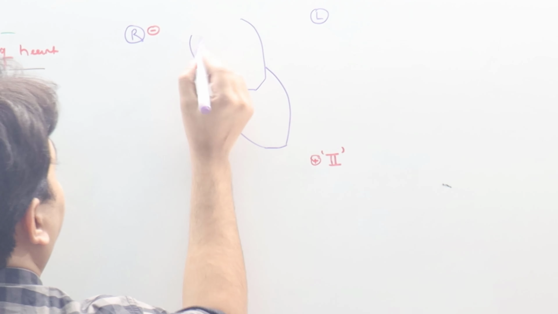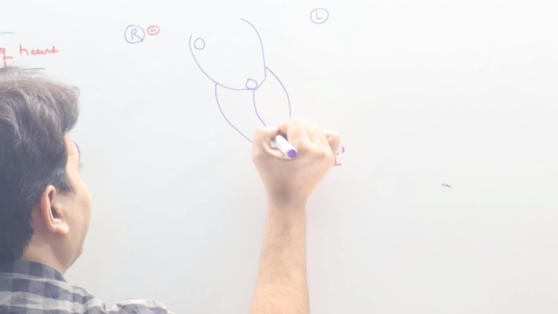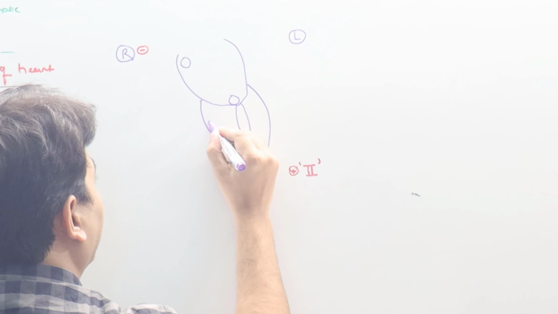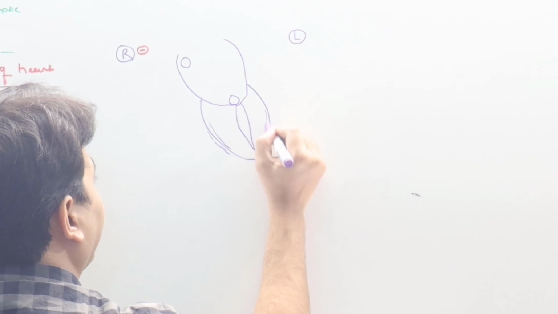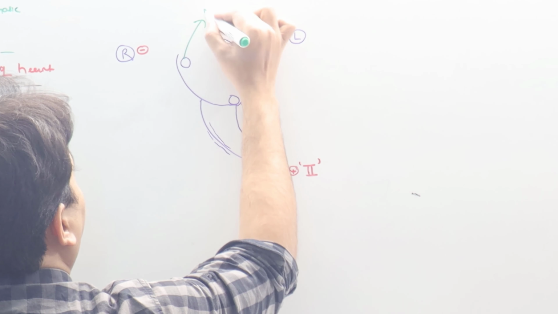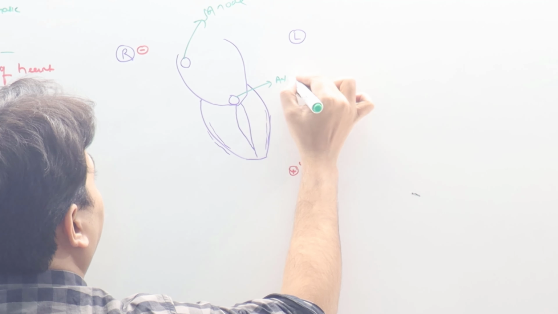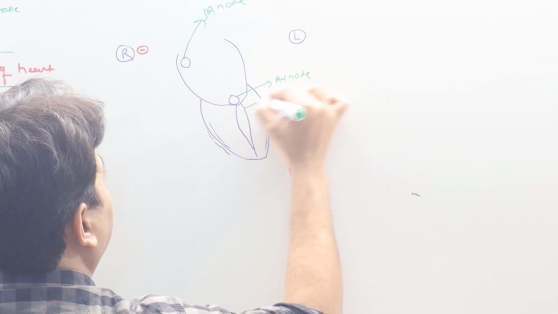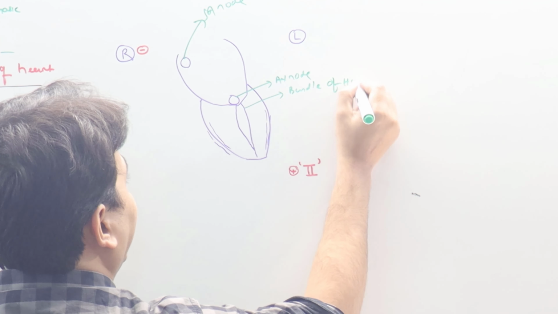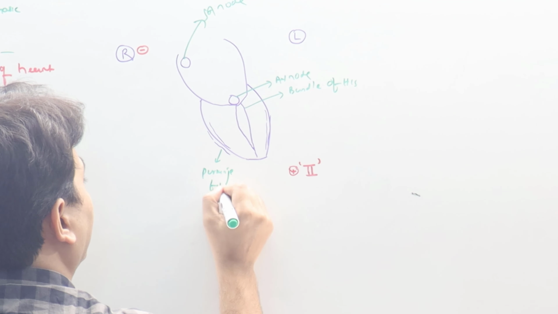So we have the SA node, we have the AV node, then we have the bundle of His, then we have the Purkinje fibres. So this is the SA node, this is the AV node, this is the bundle of His, and this is the Purkinje fibres.